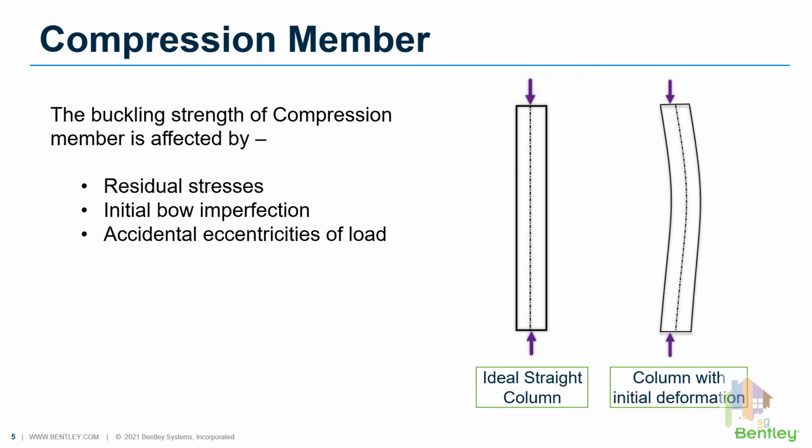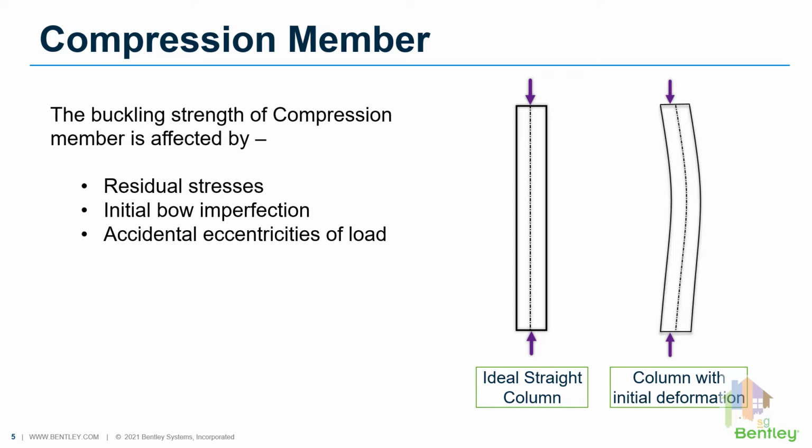Just consider a column which is perfectly straight and load is applied at the center of the cross section, and another column which is already buckled due to imperfection and load application point is shifted apart. For the second column, as it is already deformed, lesser compressive load will initiate buckling failure compared to the first one.